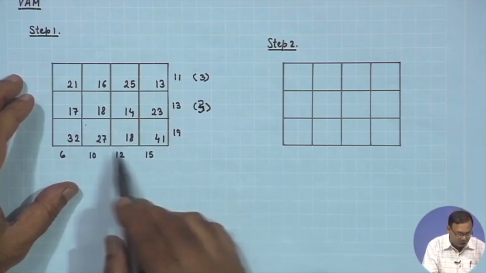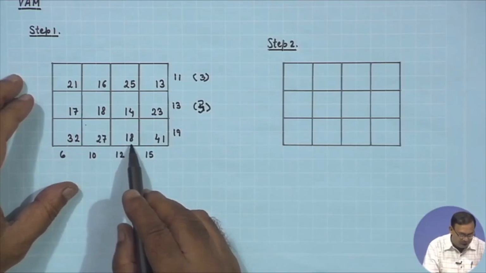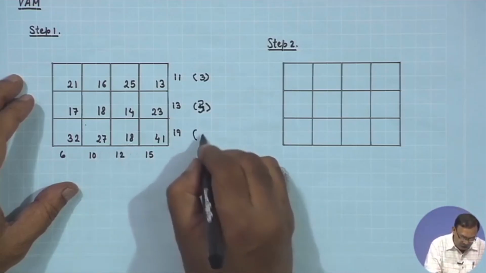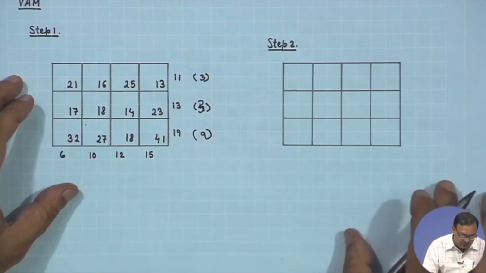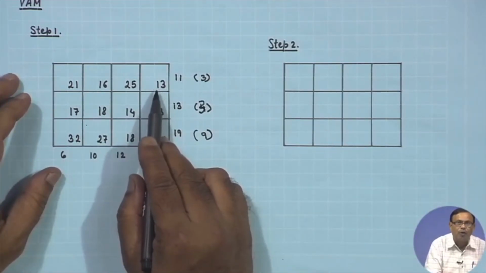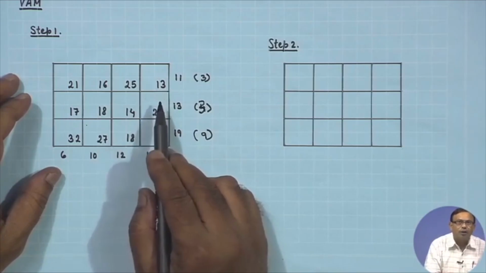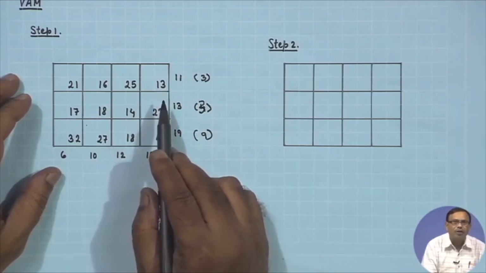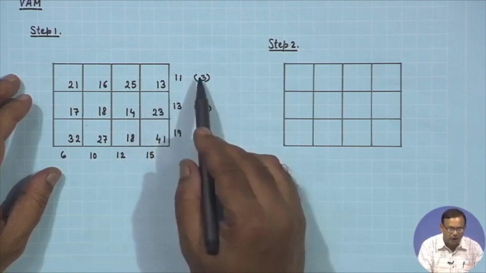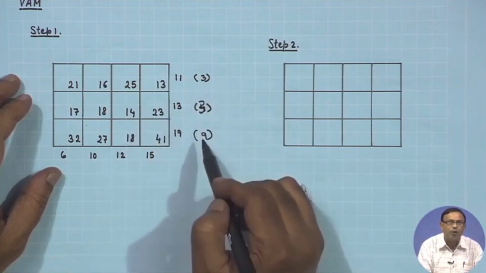Then in the next one, the smallest is 18, second smallest is 27. So, the difference is 27 minus 18, that is 9. So, for each row you are finding the smallest cost and second smallest cost, and you are writing the difference within bracket for each row like this.